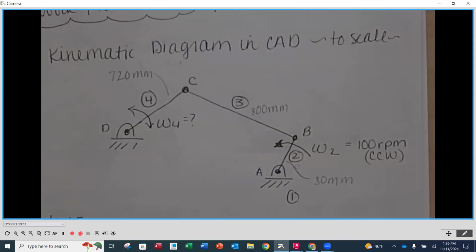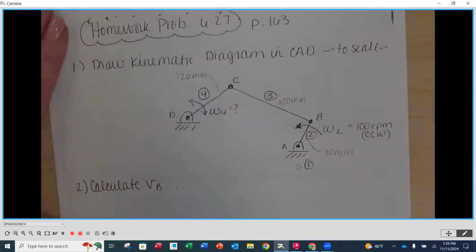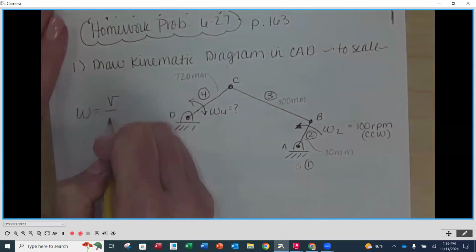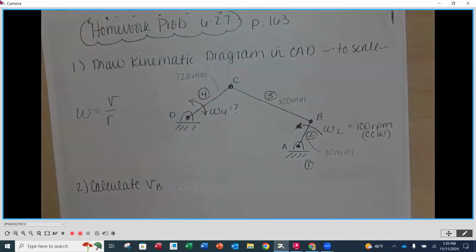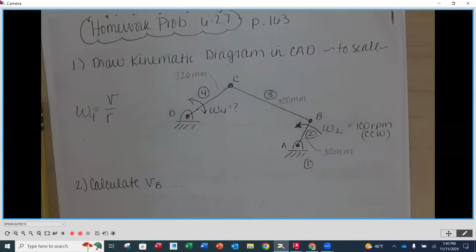It's not V, it's W. Now to calculate W, we know that our base equation is W is equal to V over R, right? Or V is equal to WR. This is just a rearrangement of that. Now, if we want to find W4, we're going to put 4 underneath here, right? That's what we're ultimately wanting to find.